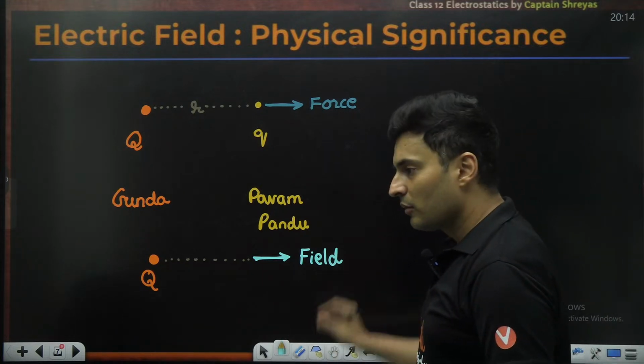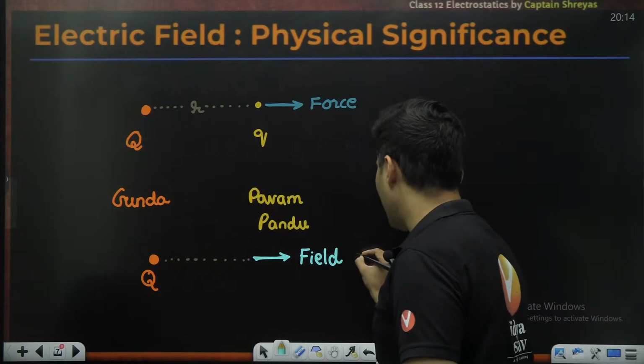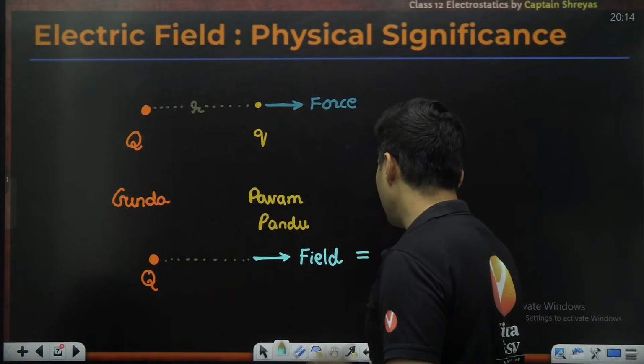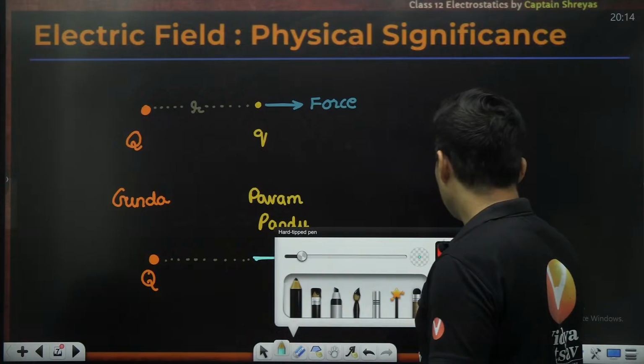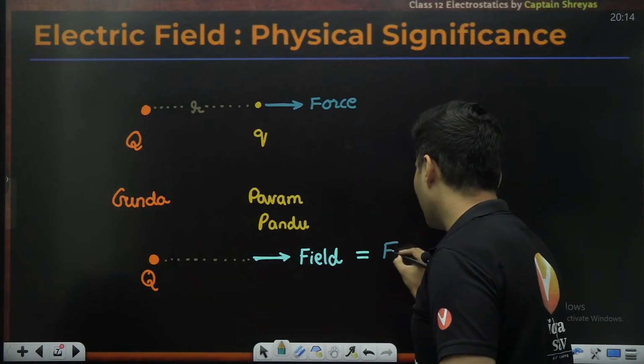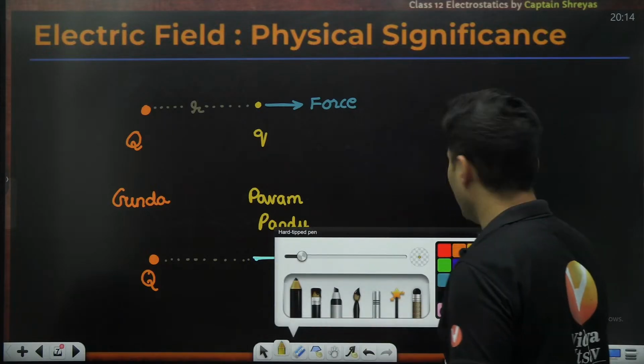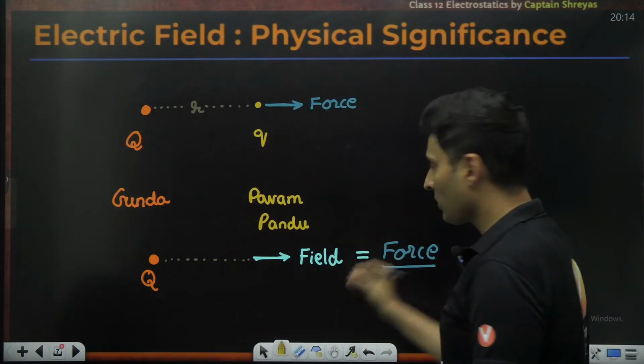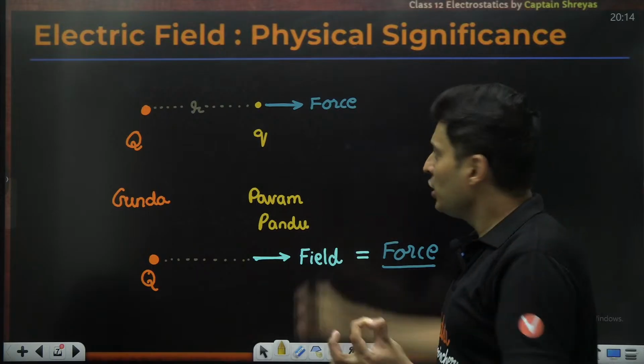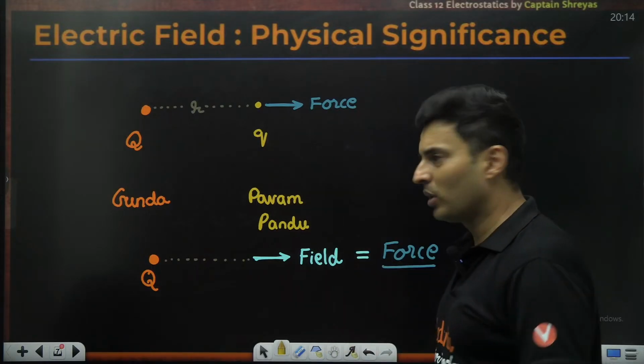So, field is then defined as that force which acts on that test charge, but per unit of that charge. Meaning, if you take 1 unit of that charge, how much force acts?